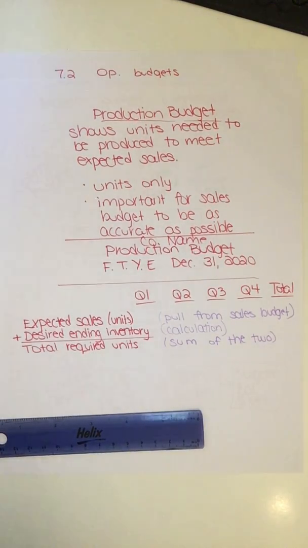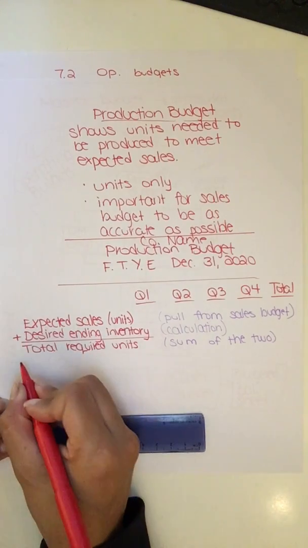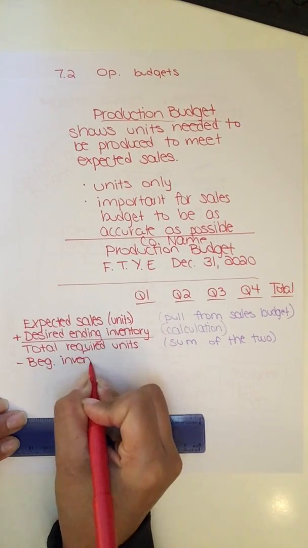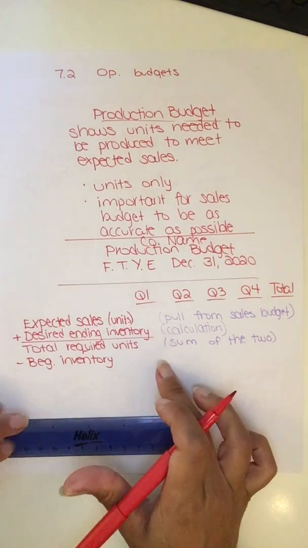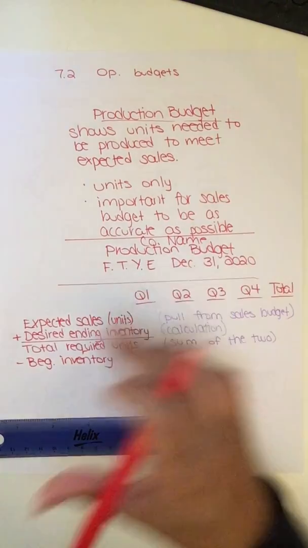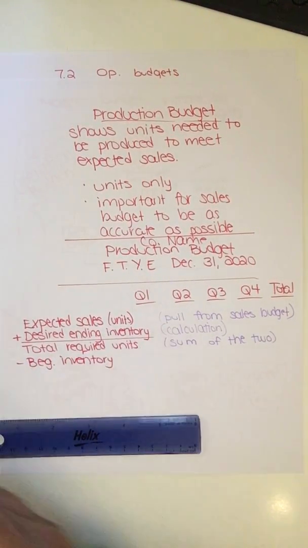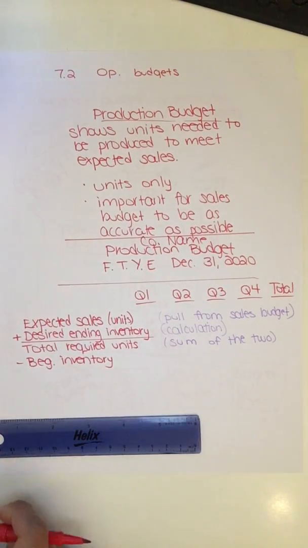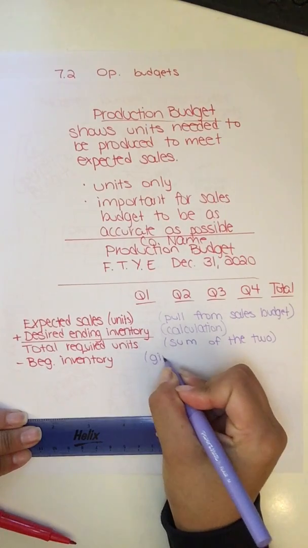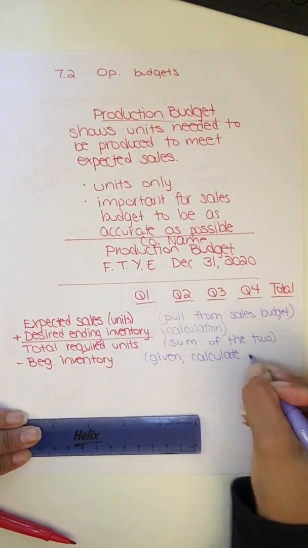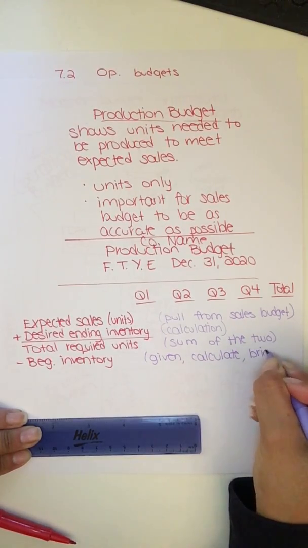Okay. Next comes a subtraction. We're going to subtract any beginning inventory. Because if we already have it on hand, right, if we have some inventory left over from Q4 of last year, 2019, we don't have to make it. Because we have it left over, we want to use that up. So you will subtract any beginning inventory. Where are you going to get the beginning inventory? Sometimes it will be given, or you might have to calculate, or bring forward.